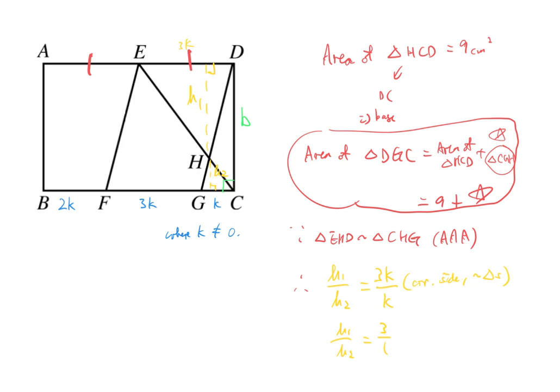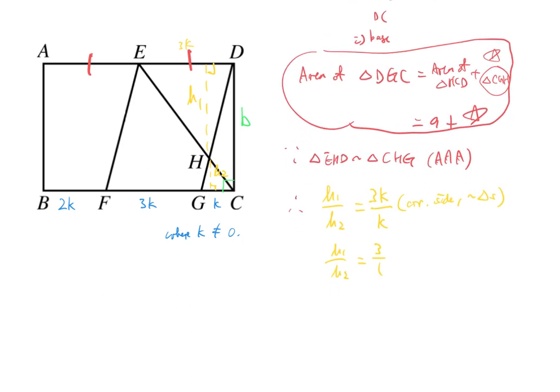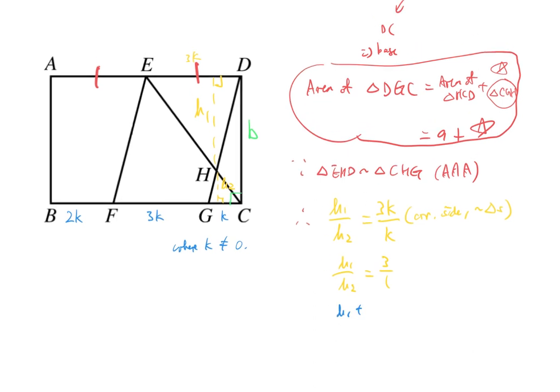On the other hand, we also know that the sum of H1 and H2 is actually equal to B. Therefore we can say that H1 is equal to 3 over 4 B, and H2 is equal to B over 4.